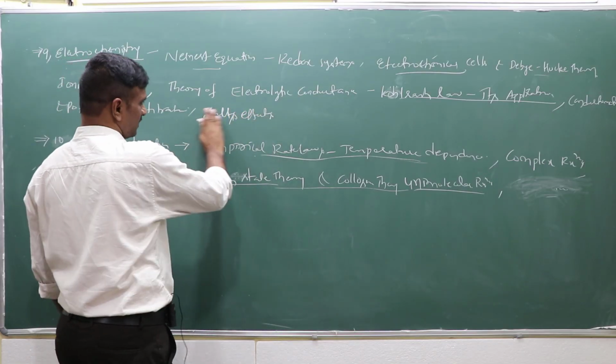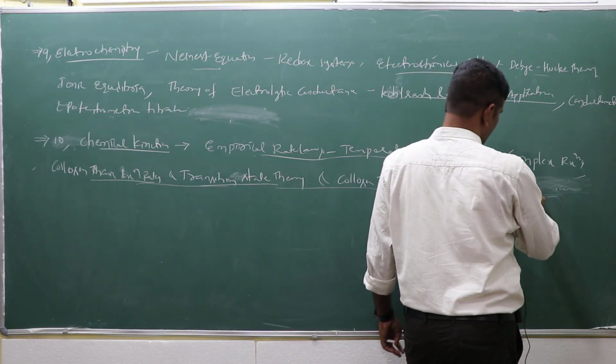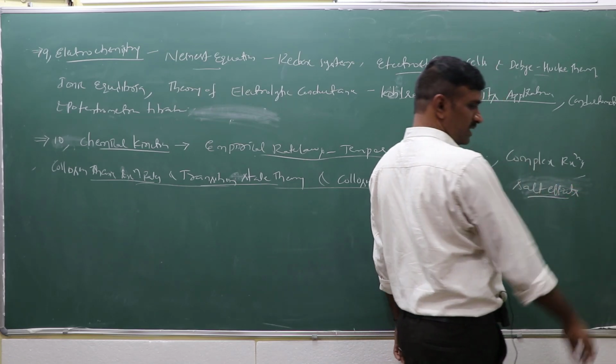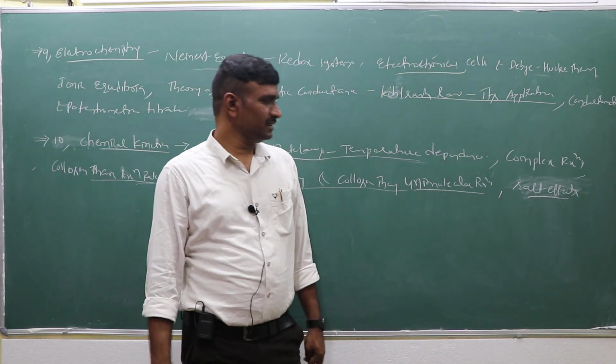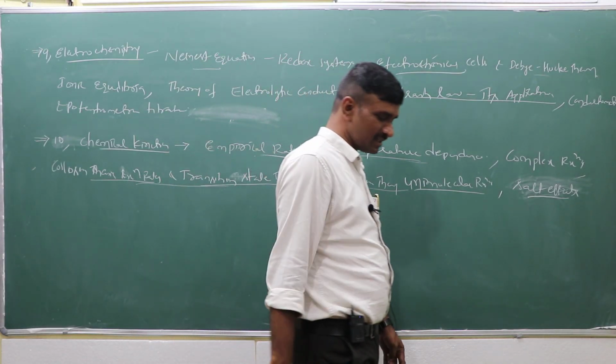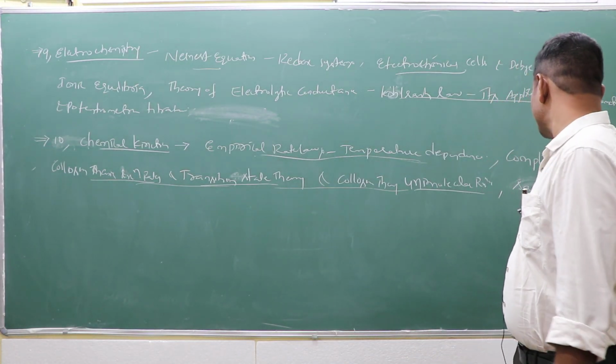Sorry, not in electrochemistry, it is mentioned in this chemical kinetics point of view. Salt effects: primary salt effects and secondary salt effects, which are related to ionic strengths and rates of the reactions. Primary and secondary salt effects are mentioned in the syllabus.